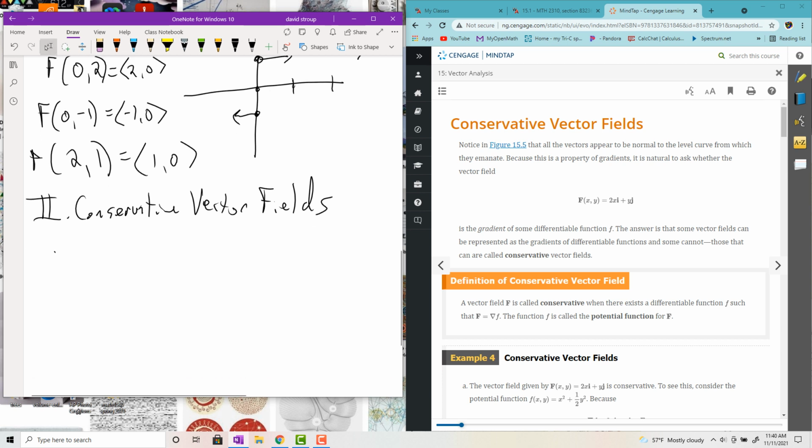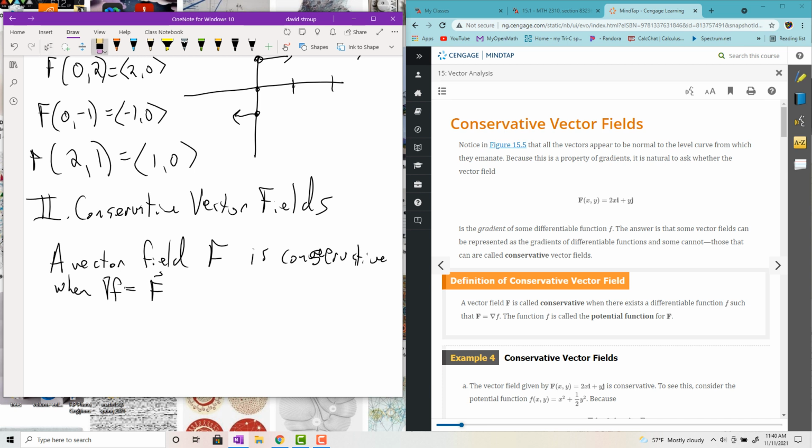So a vector field F is conservative, sorry about my writing today, when there's a function little f such that the gradient of that thing is equal to this big F. Okay, so there exists some function on the mountaintop such that when you take its gradient, you get the vector field.